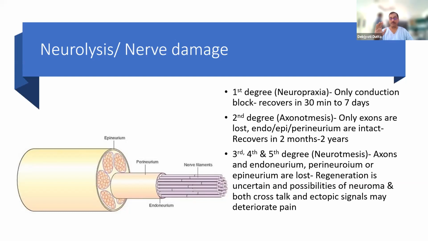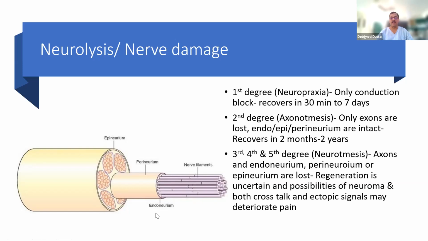If it is a large diameter fiber, then recovery is within 2 months. And if there is a small diameter fiber like C fibers, then recovery takes up to 2 years. So remember, axonotmesis gives perfect regeneration because here all the coverings, endo, peri, and epi, are intact. And this covering is vital for nerve regeneration.